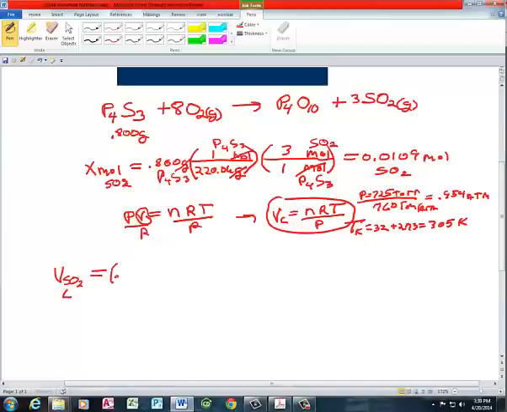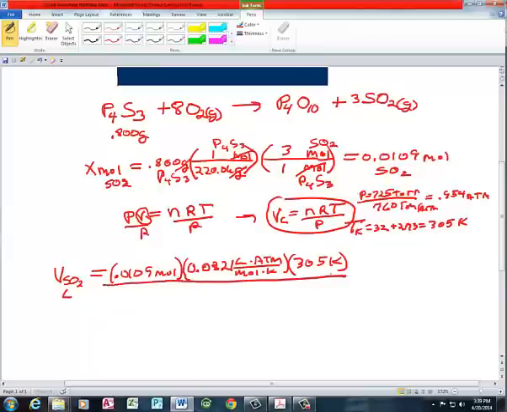So this is the number of moles, 0.0109 moles of sulfur dioxide, times the gas constant, which is 0.0821 liters times atmospheres divided by moles times kelvins, times the absolute temperature, which is 305 kelvins. All of that is divided by the pressure in atmospheres, which is 0.954 atmospheres.